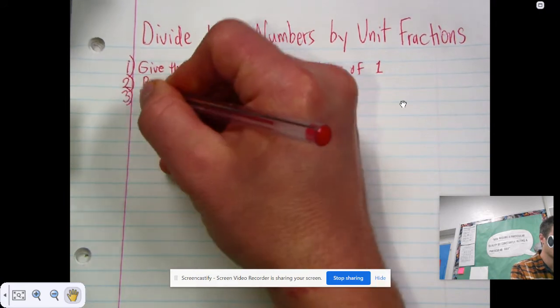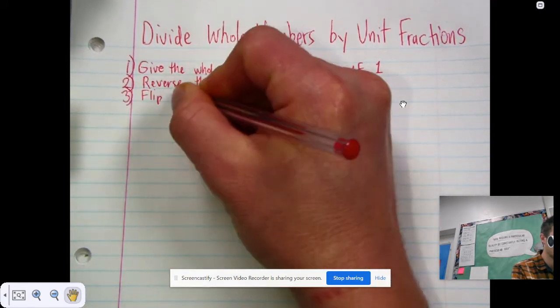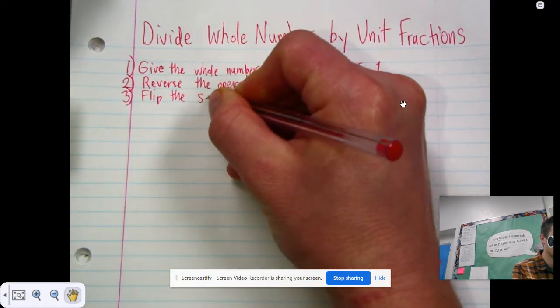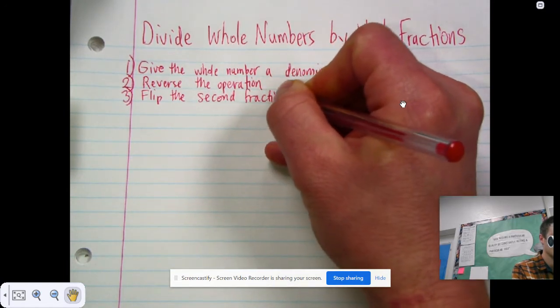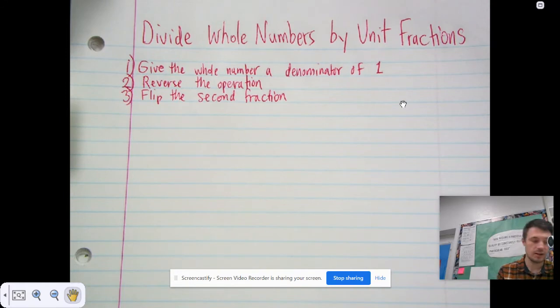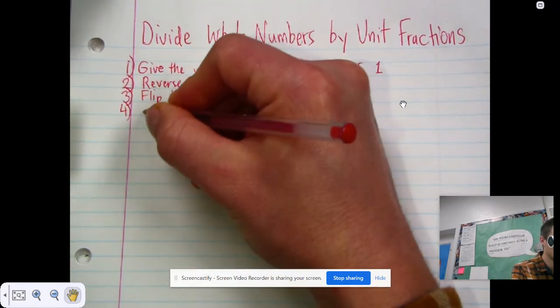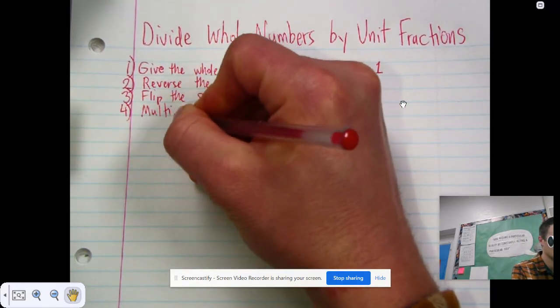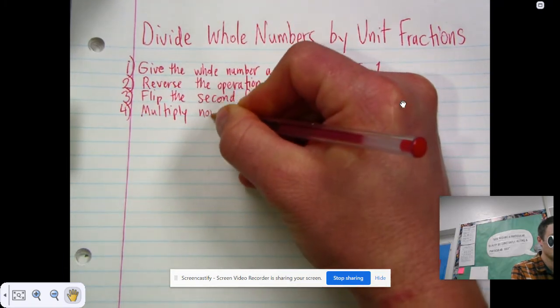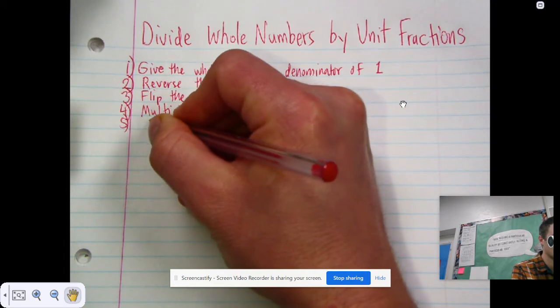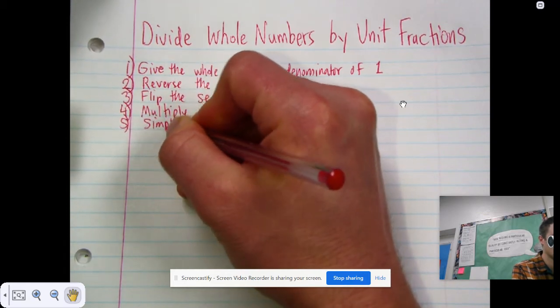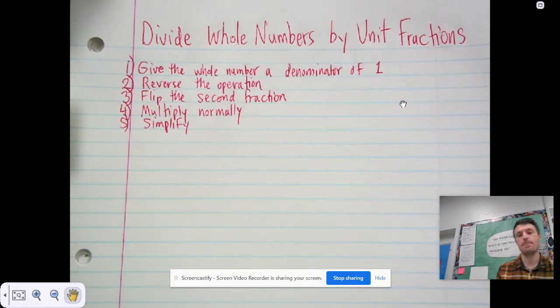Step 3 is flip the second fraction. Step 4, multiply normally. And step 5, as always, the last step anytime you're dealing with fractions, is simplify.